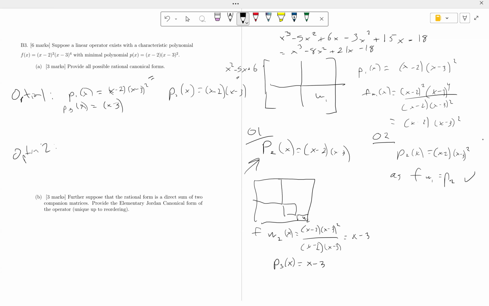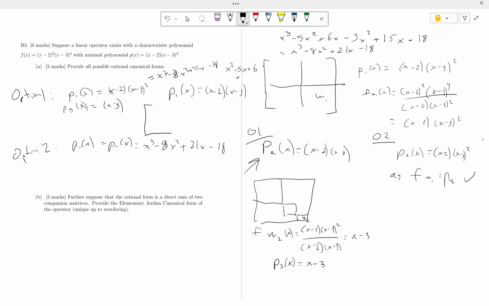I'm just going to hope that that's correct. And for option 2, P1 of x equals P2 of x equals this expression, x cubed minus 8x squared plus 21x minus 18. From here, we get our two rational forms.